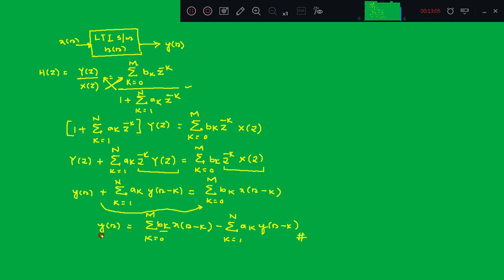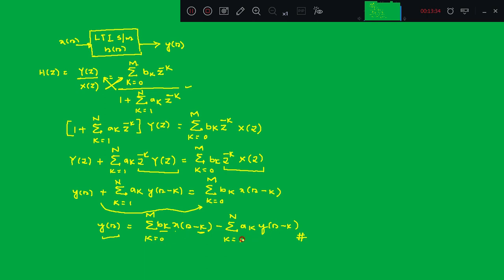And y of n is the weighted sum of, as you can observe here, the present input and the past inputs. How will you get the present input? If you substitute k is equal to 0 here, you will get only x of n. And if you substitute k is equal to 1, 2, and so on up to M, you will get x of n minus 1, 2, 3, and so on. So this term comprises x of n as well as the past inputs.